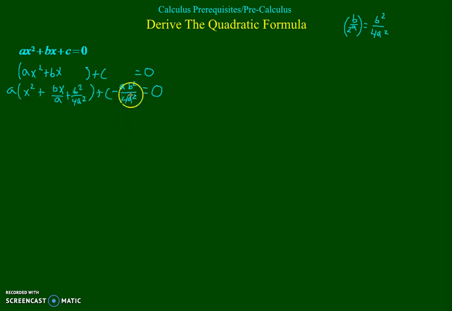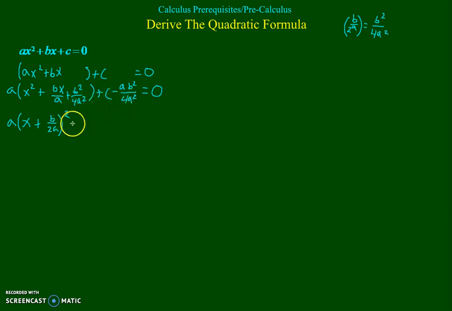All right, now we're going to take our perfect square trinomial and turn it into a squared binomial. So we have a times x plus the square root of our third term, which is b over 2a, and since this is a binomial squared, we have a squared term.